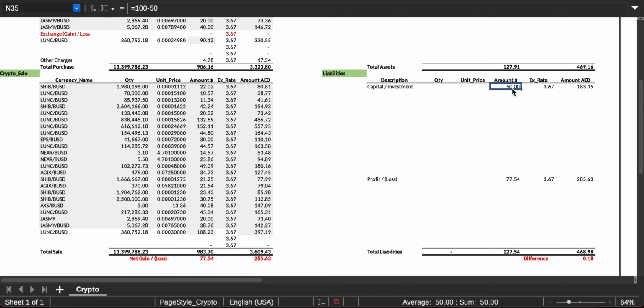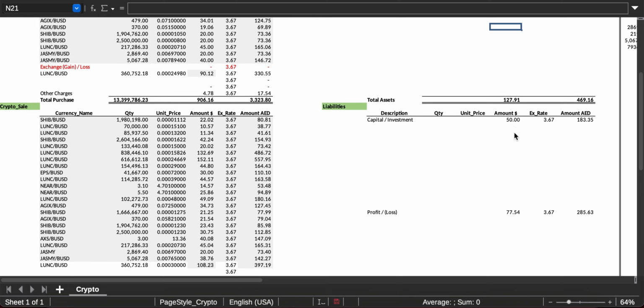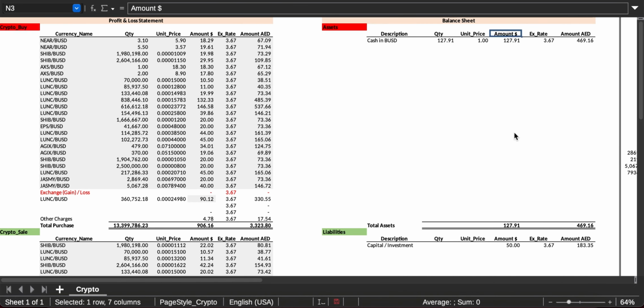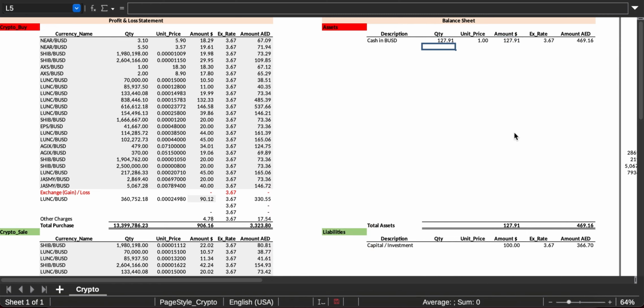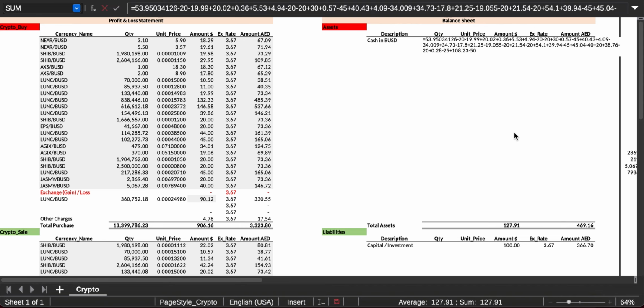When you withdraw anything, you reduce your capital investment and also reduce the BUSD on your asset side. Here we already reduced 50. But suppose we are not withdrawing anything, we write it like $100 same as before, and here we reduce $50.